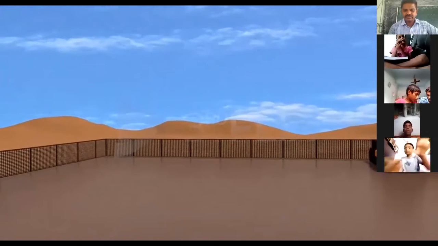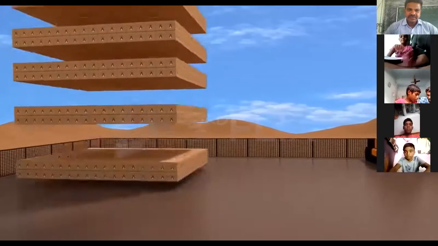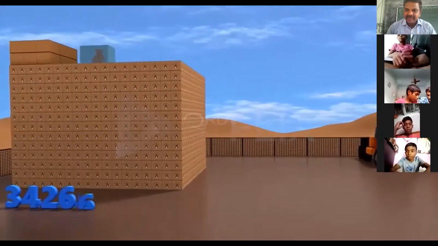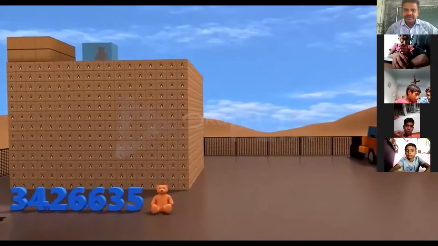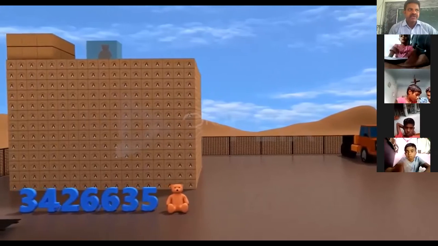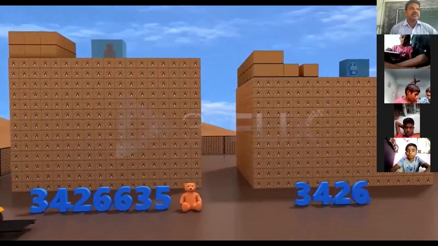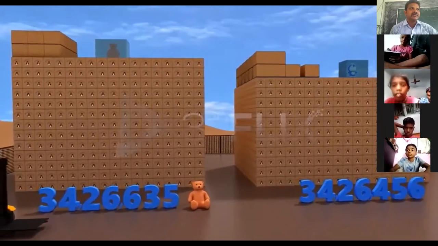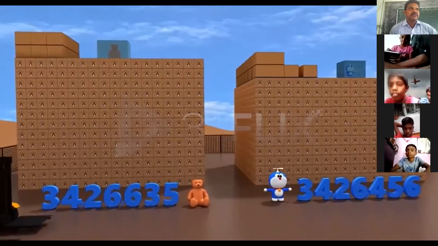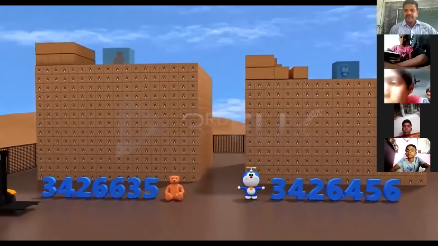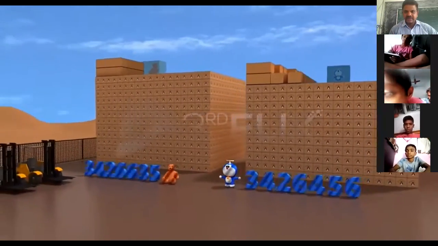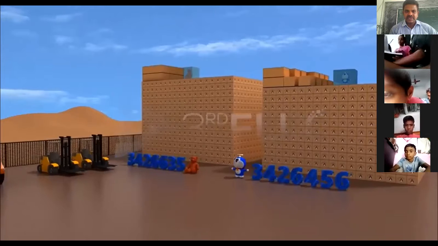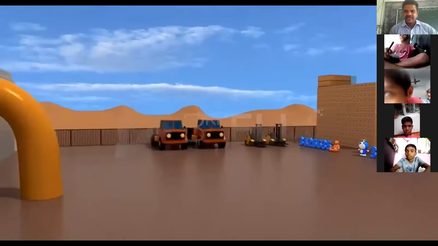In the last year, they produced 34,26,635 teddies and 34,26,456 Doraemon toys. Which type of toys did they produce more? How do you compare? Let us learn how to compare large numbers.